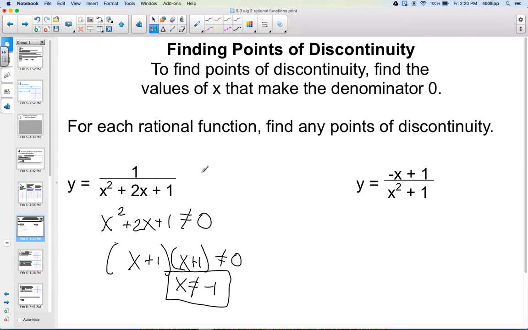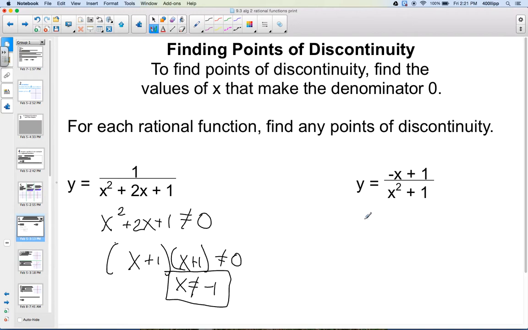This is going to lead to later on talking about the vertical asymptotes. But for now, we're just going to say it is a point of discontinuity. Meaning, if we were to graph this, this is going to be a point where we will have a jump or a hole or an asymptote in our branches.